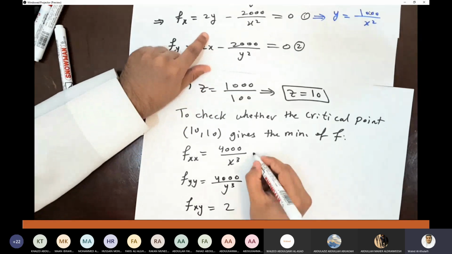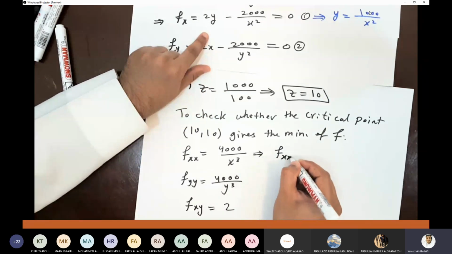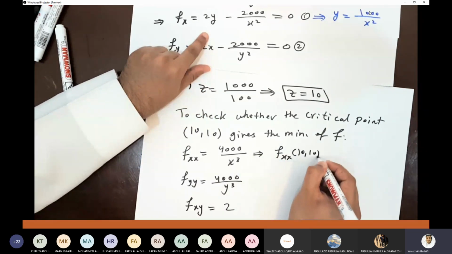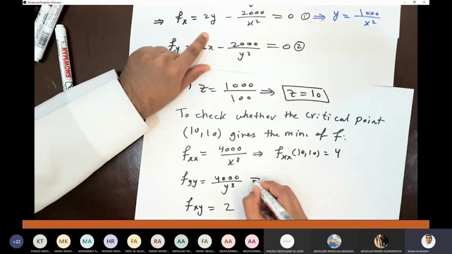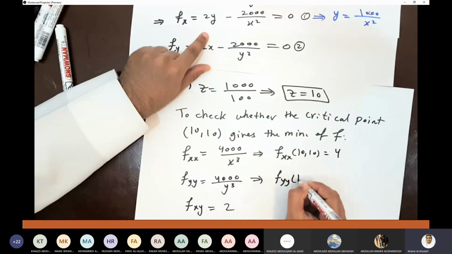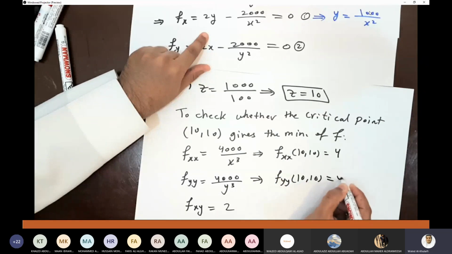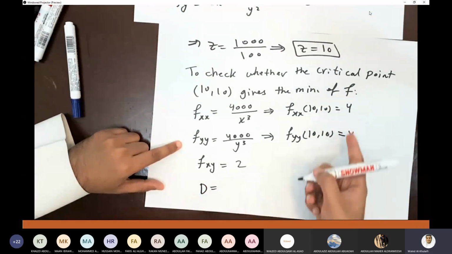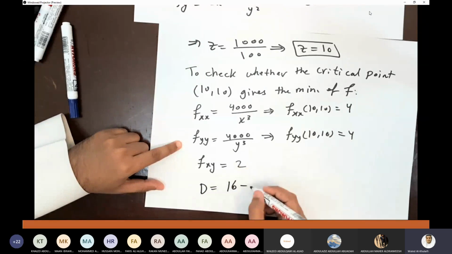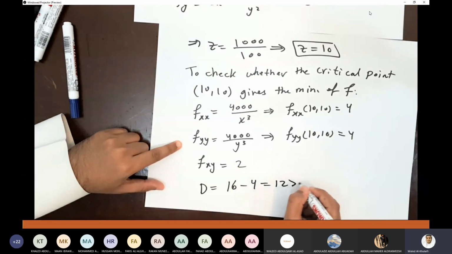So this implies that fxx at 10, when you substitute 10, becomes 1000, so it becomes 4. And the same way fyy, when you substitute 10 you get 4. So D is equal to this times this, 16, minus this squared, 4, so you get 12, greater than 0.